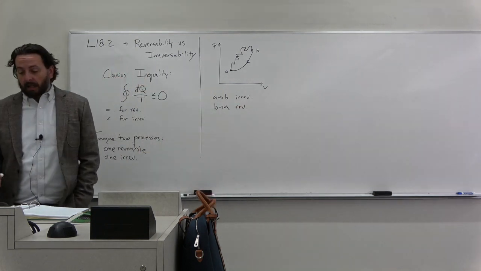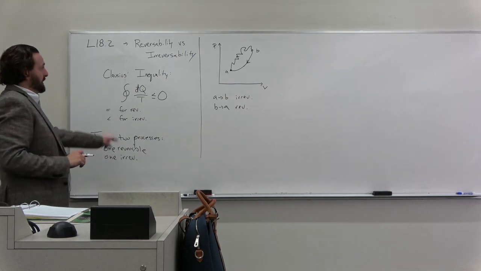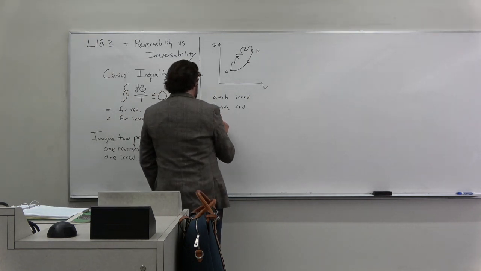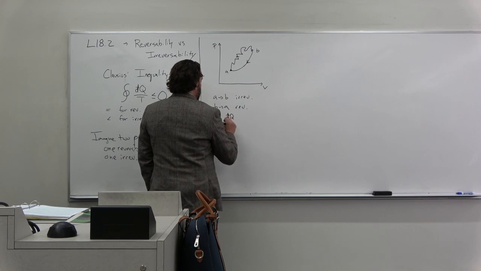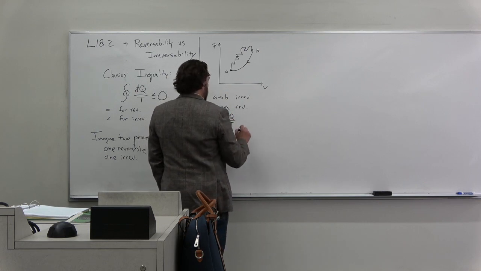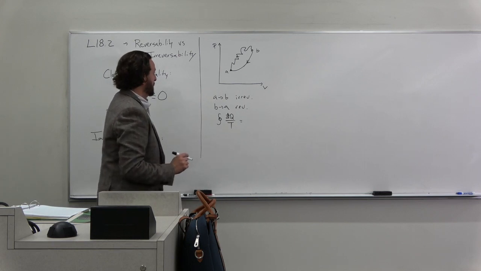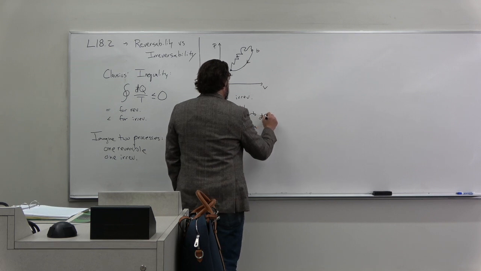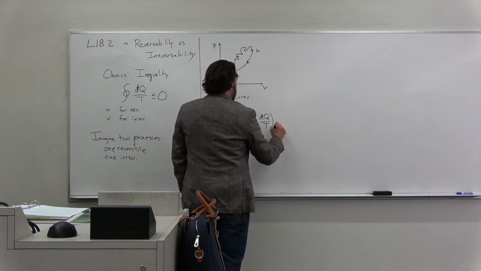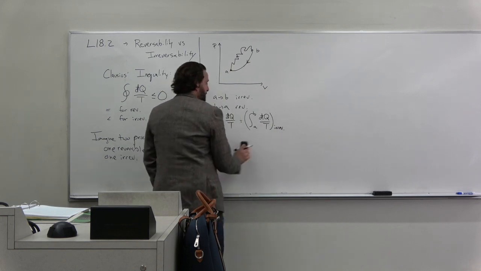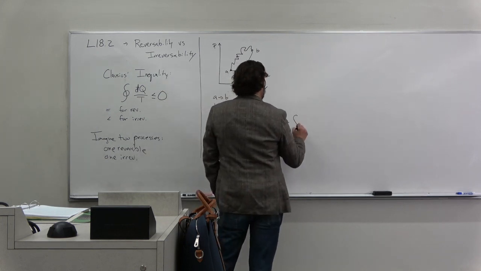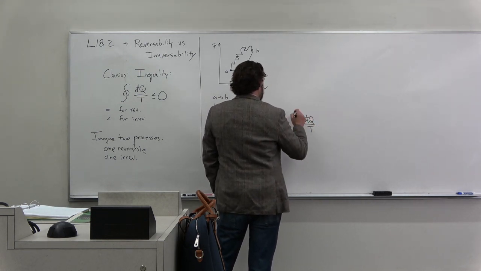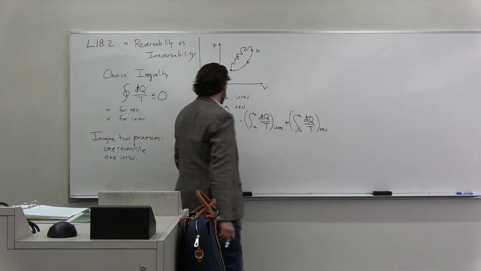Okay, and let's calculate what happens for the Clausius inequality in this condition. So it's a closed loop, so we can apply this, right? If we apply Clausius as an inequality, we can say this is going to be the integral from A to B along the irreversible path plus the integral from B to A along the reversible path.